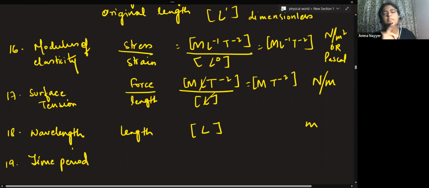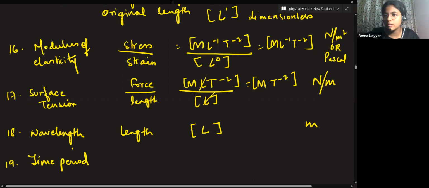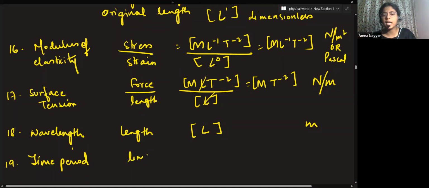For example, if I say the earth revolves around the sun, the time period becomes 1 year, meaning the interval that it takes for the earth to move around the sun. So time period is time. Ultimately the dimensional formula will be T, and the SI unit will be seconds.